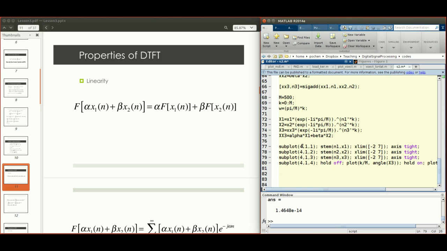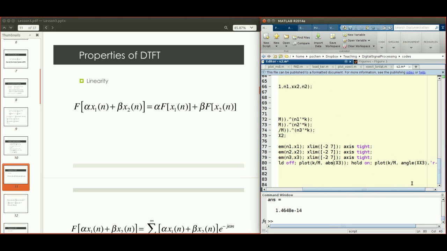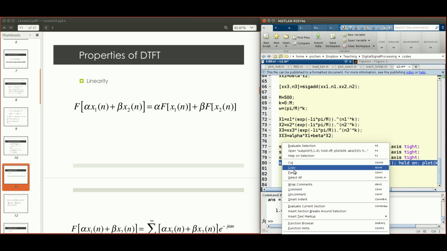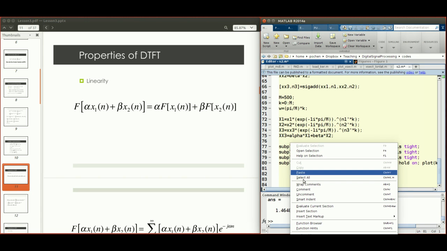So maybe we should just not use 4, but use 5. Let's use 5 subplots. This one plots the ABS, right? And then the next one plots the phase.